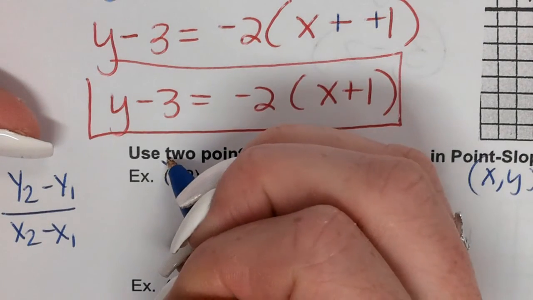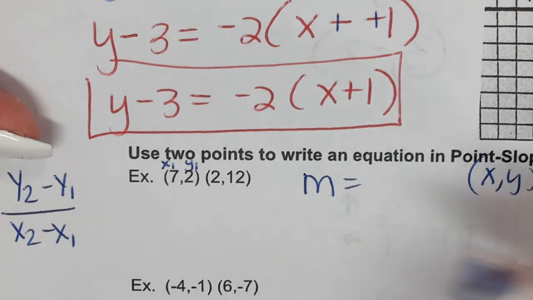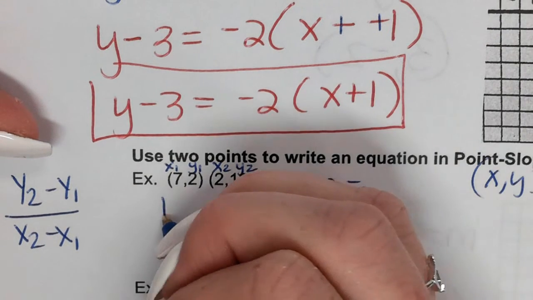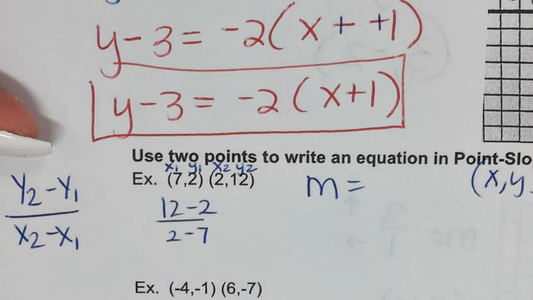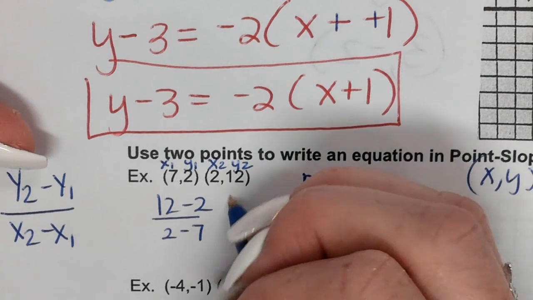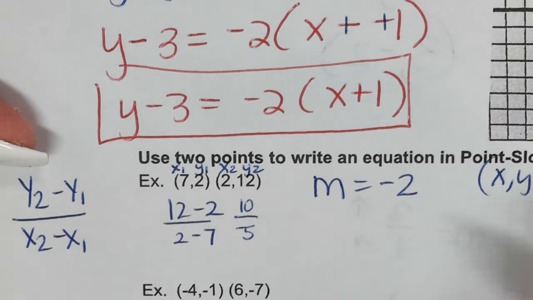This is an x1. This is a y1. It's never x and x. This is x2, y2. So it's 12 minus 2 over 2 minus 7. What's 12 minus 2? What's 2 minus 7? And what's 10 divided by negative 5? Negative 2.